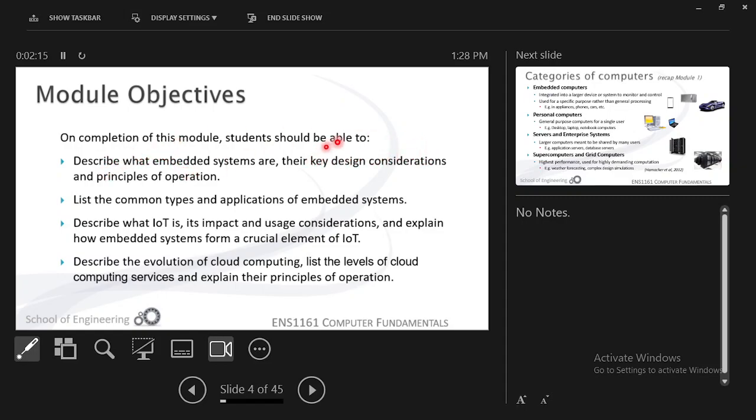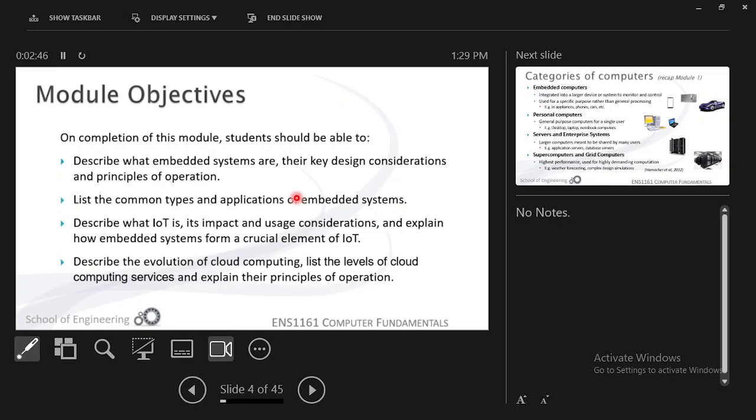Once it comes to design considerations, we have to focus on different design aspects, and furthermore, how these operations work, the principles of operations. Then list the most common types and applications of embedded systems.